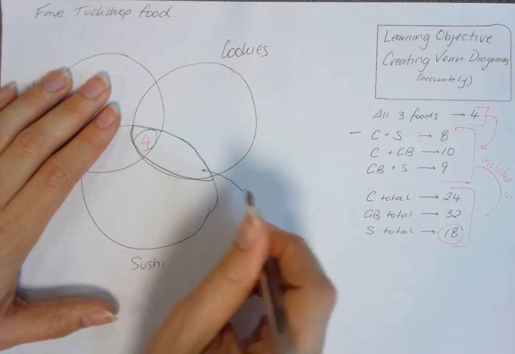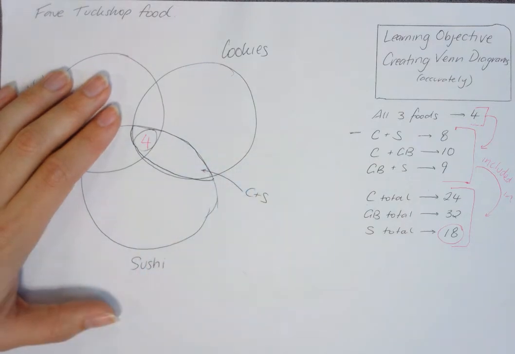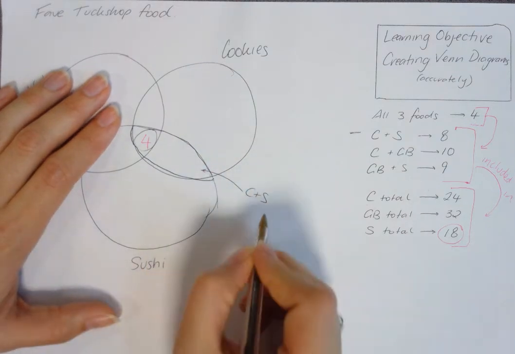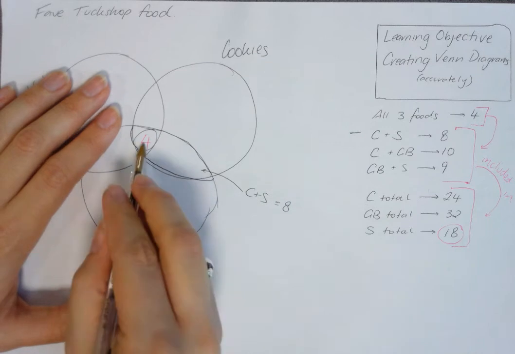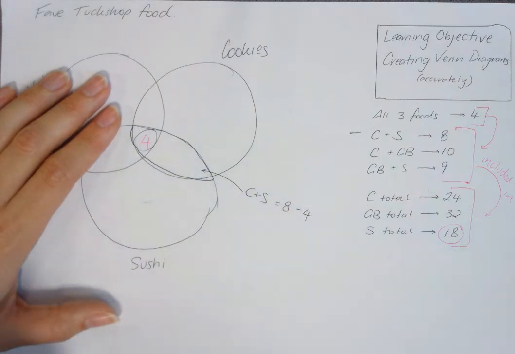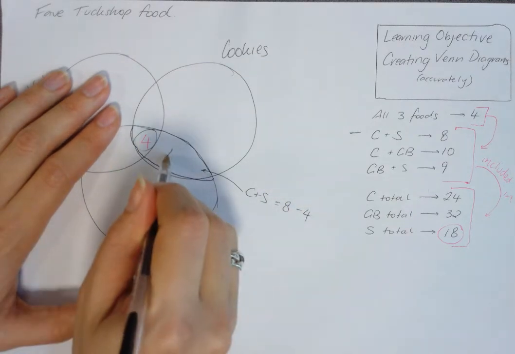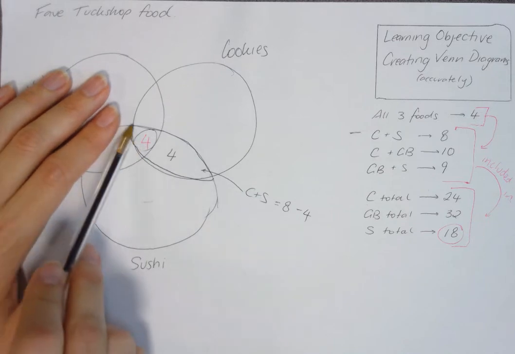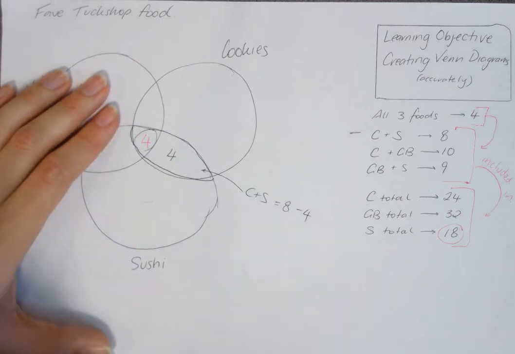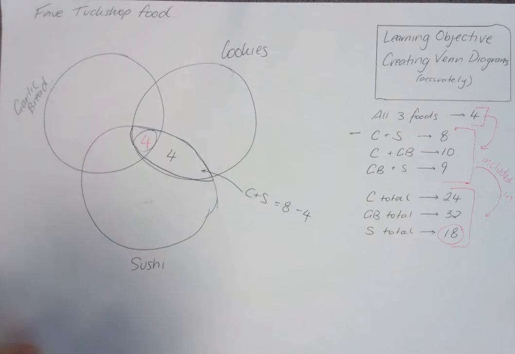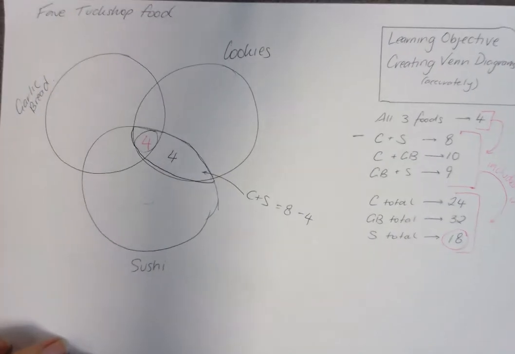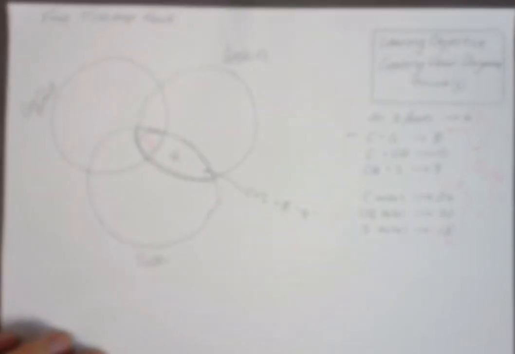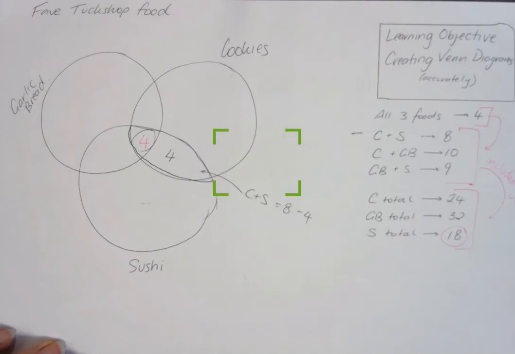So the people who like cookies plus sushi is 8, but we have to consider taking away this 4 because it's already there. So what will be left is 4 here. And we know if we said 8 people like cookies and sushi, you would actually get 4 plus 4 is 8. Okay, so let's keep going like that. I'm just going to focus this a bit more. Does that work? Kind of.